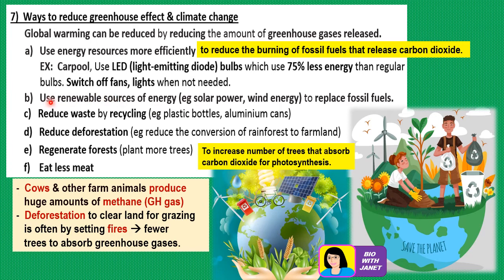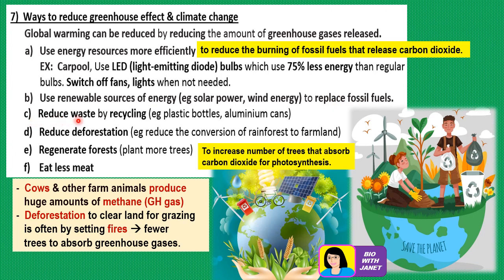Now, secondly, use renewable sources of energy such as solar power and wind energy to replace fossil fuels. So renewable sources of energy are those sources that do not get depleted. And they do not pollute the earth, they do not release carbon dioxide, right? So they can reduce the amount of carbon dioxide released into the atmosphere if they are used to replace the burning of fossil fuels.